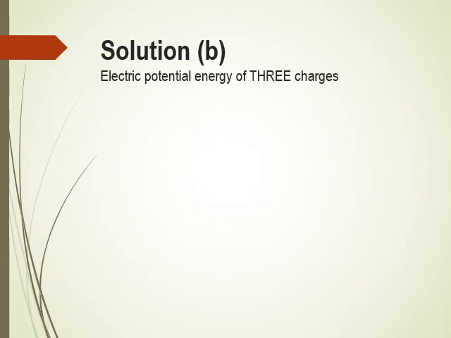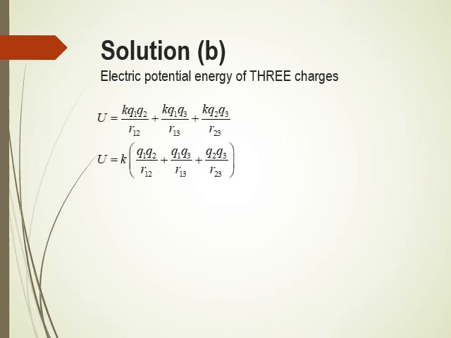Now we have all of the information needed. Let us apply the equation for electric potential energy of 3 charges. U equals kQ1Q2 over r12 plus kQ1Q3 over r13 plus kQ2Q3 over r23.